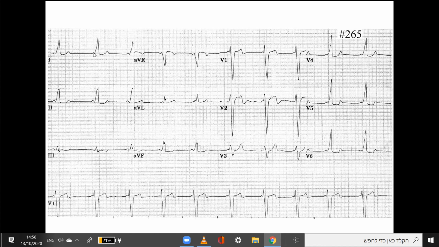Okay. And the PR interval looks pretty narrow, and it looks to me like WPW. Correct.